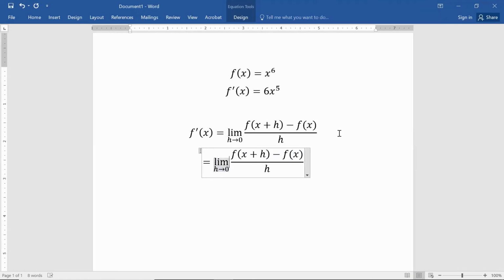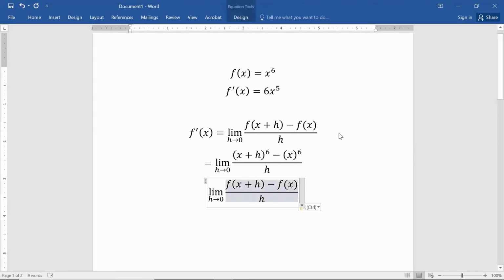So I'm plugging in x plus h into the function, and then plugging in x into the function. I have to take x plus h to the 6th minus x to the 6th. This is a little bit daunting, taking x plus h to the 6th.